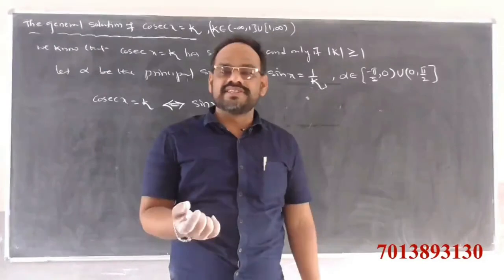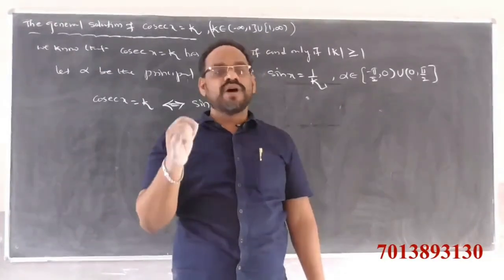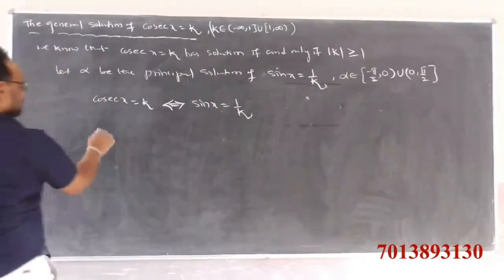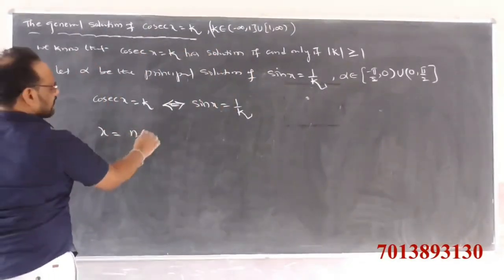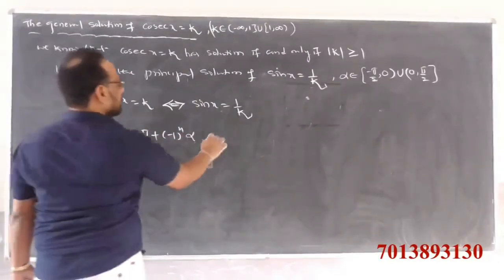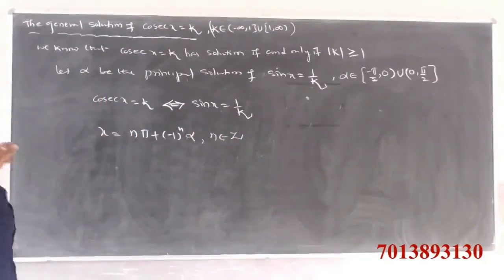The general solution is x equals n pi plus minus 1 whole power n into alpha, where n belongs to Z. Already we know this.